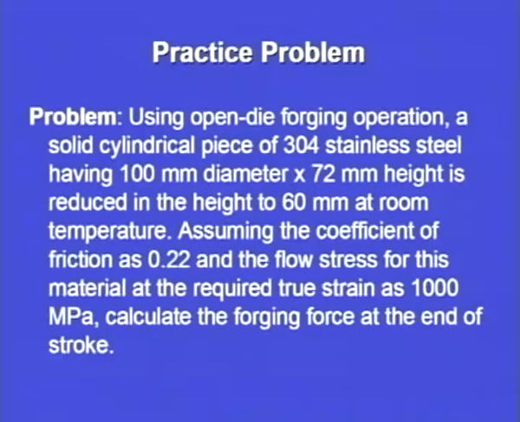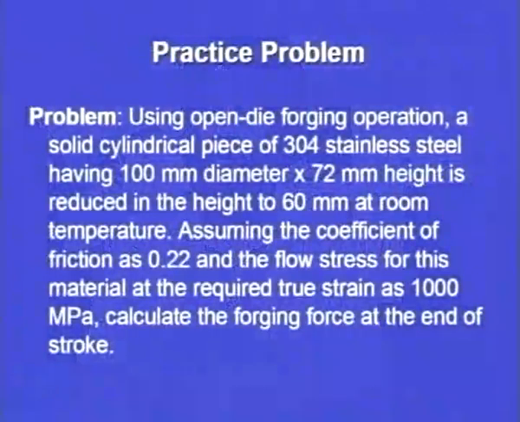So, we can see initially the height of the workpiece is 72 millimeter, which has been reduced to a height of 60 millimeter at room temperature. So, we are not working at an elevated temperature, we are working at room temperature only.